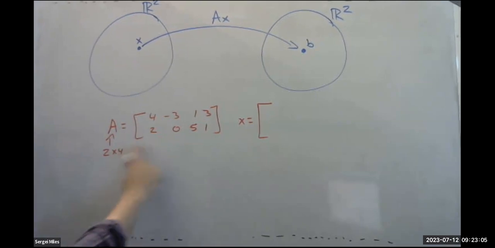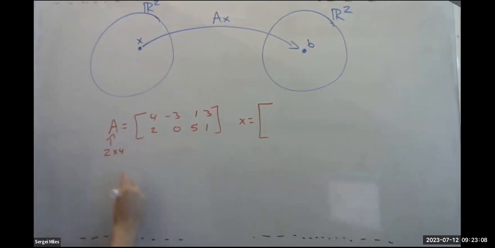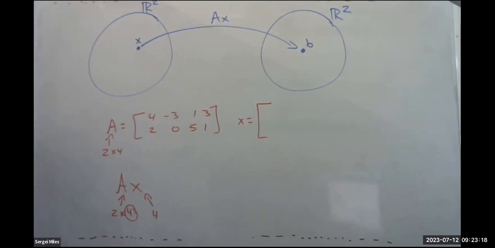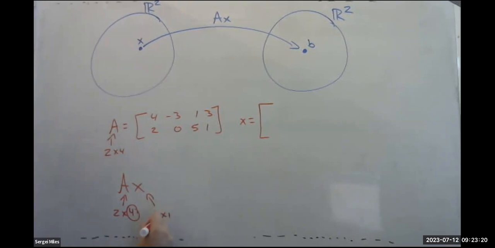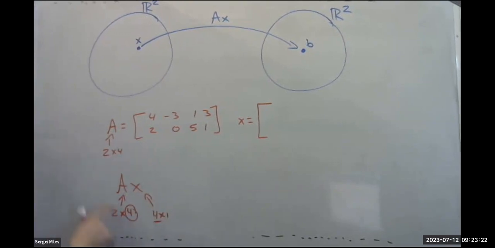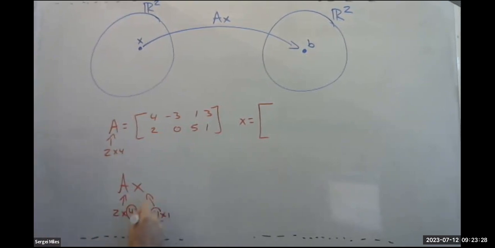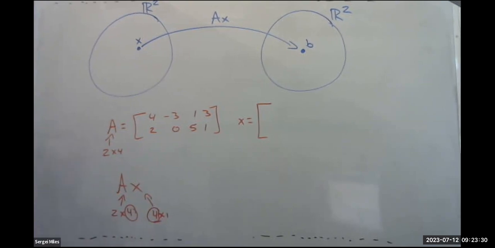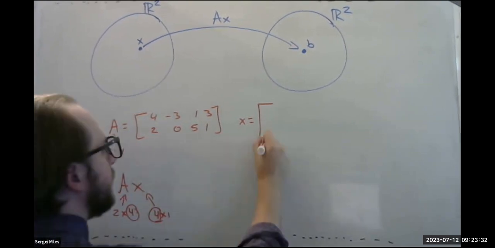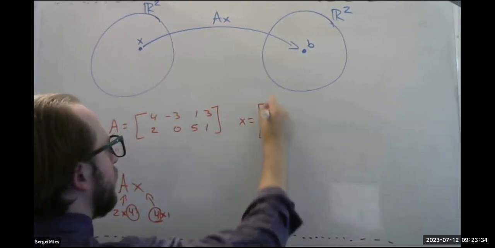Which means in order to do this multiplication, in order to do A times x, well, then we know x has to have 4 rows, right? That's the only way we can multiply them. However many columns the left thing has, you have to have that many rows for the right thing. This is going to be a key point as we continue in the class as well. So x then is a 4 by 1.